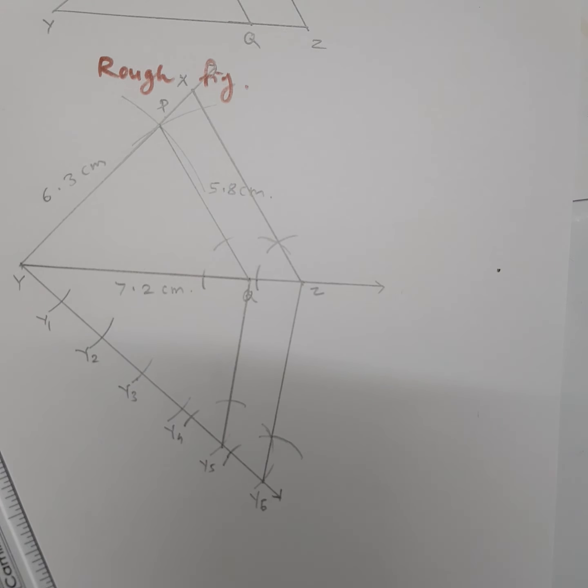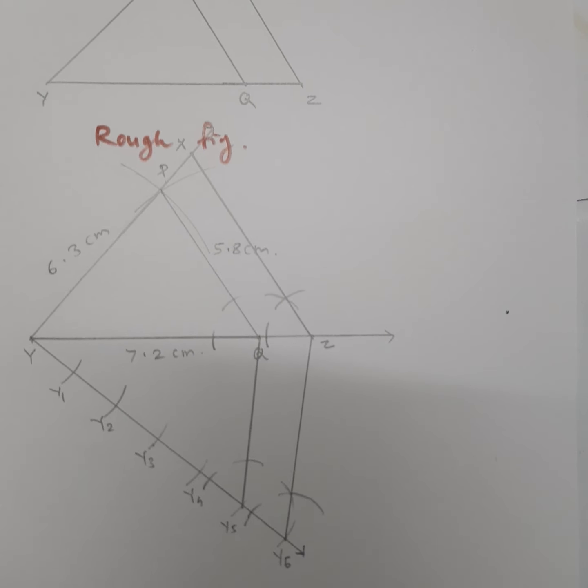One of the such type of construction is always asked in your question paper. So, we have to practice this type of construction well. Now, here our fourth chapter, geometric construction, is ends.